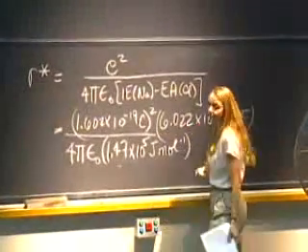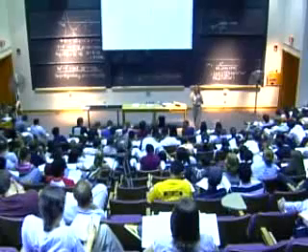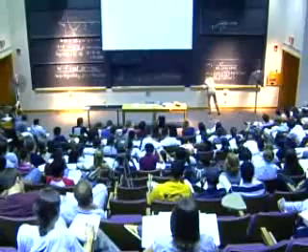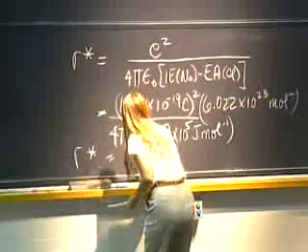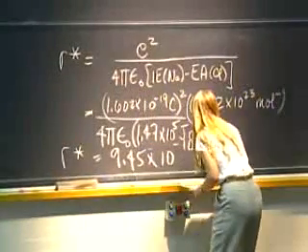Don't forget Avogadro's number when you calculate R star. So what's R star? R star comes out to be 9.45 times 10 to the minus 10 meters.